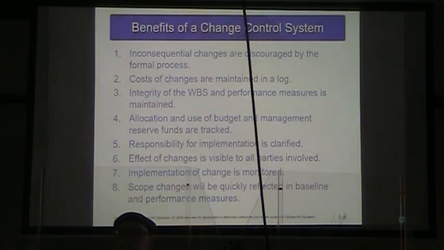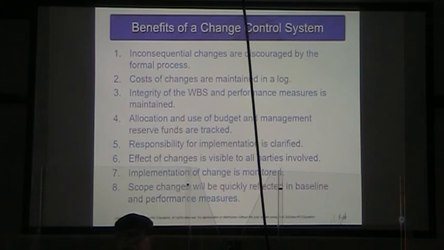We need to maintain the cost of our changes in a log, and a log about our changes in general. We need to make sure that our work breakdown structure and our performance measures are maintained, that we don't just let those go to hell because one change came in.